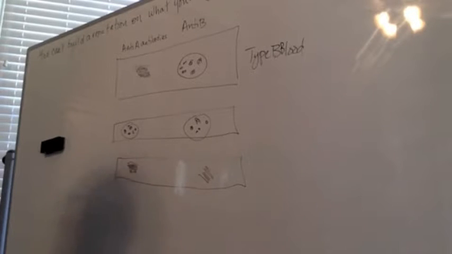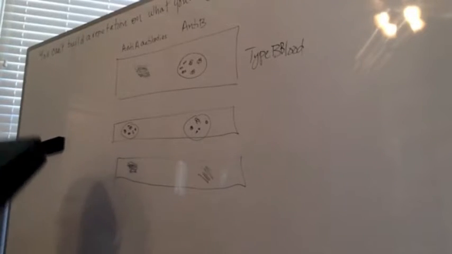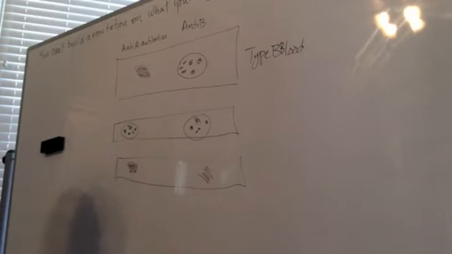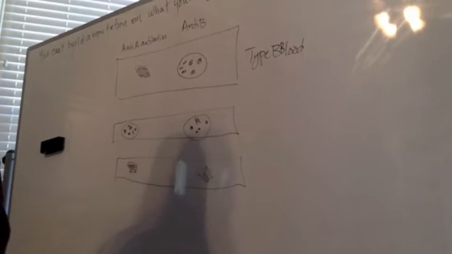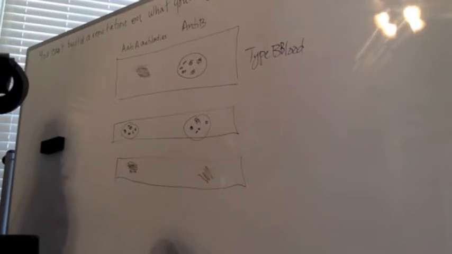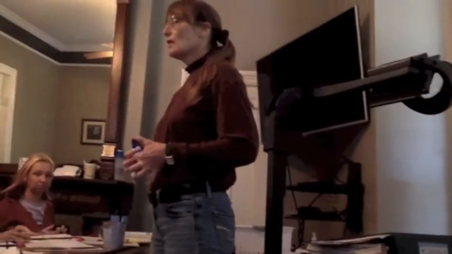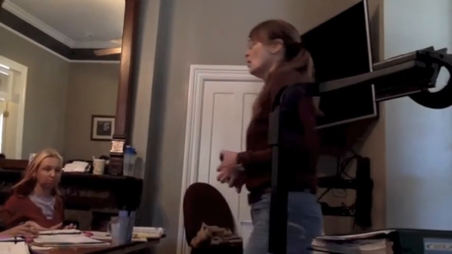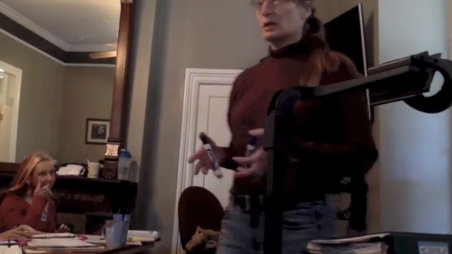Now, upstairs in the lab, in that white notebook that has pictures in it, there are some pictures of blood cells. Those are fair game for the lab exam, so you can go up and look at it. There are questions on there, things like, what kind of white blood cell is this?